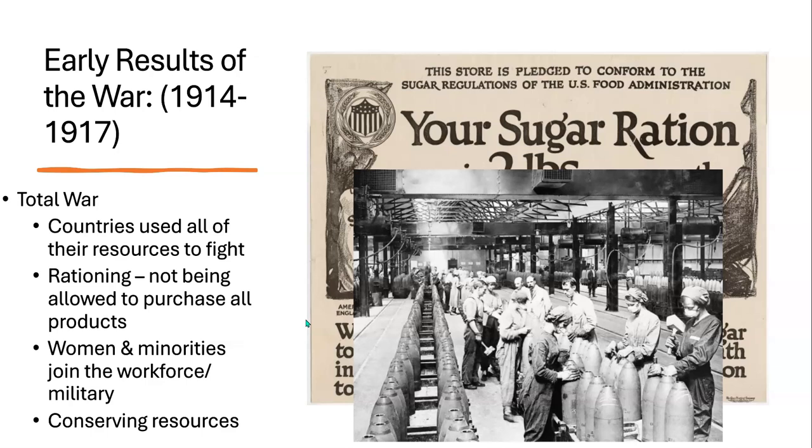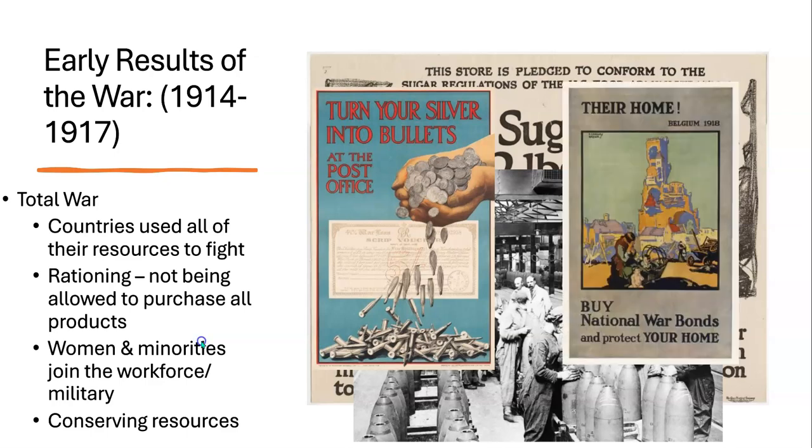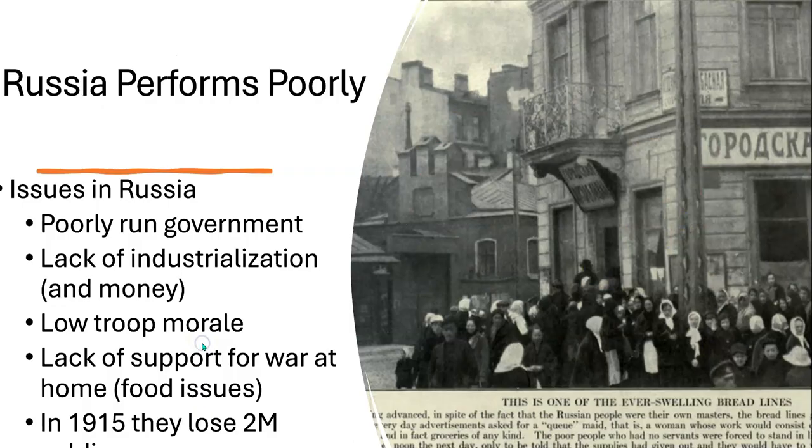Women and minorities joined the workforce and helped to build guns and tanks and bombs because so many men were going off to fight. Countries even used colonial soldiers from their colonies to help them fight as well. They also expected people to conserve resources, not to spend all their money or waste all their gas or food. Literally just do whatever they could, even donate money to the government, as some people would do.